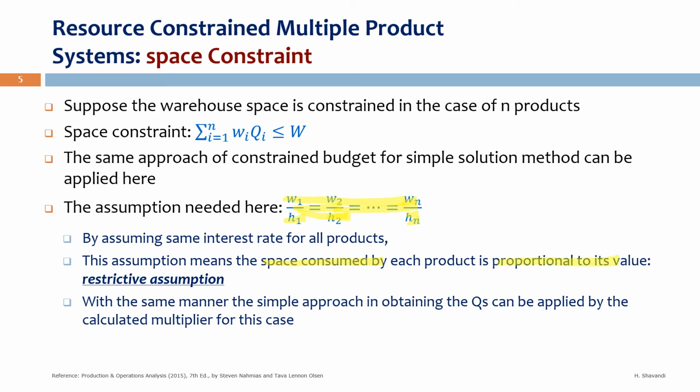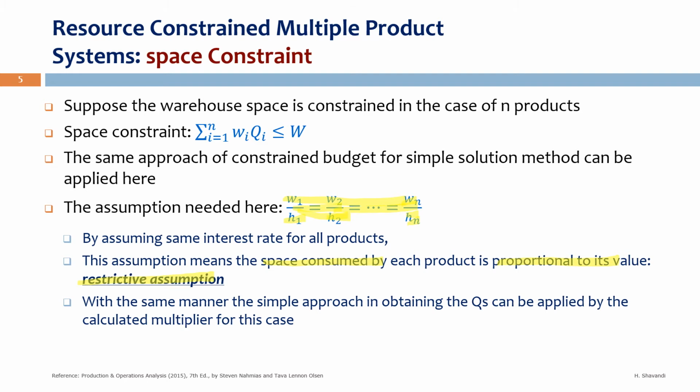So it's somewhat a restrictive assumption, right? Compared to the budget constraint, here our assumption is more restrictive. But by having this assumption, we can go in the same manner as the budget constraint to modify the EOQs to get a feasible solution for the multiple product case. So at the end, we have the optimal solution for our multiple product case.